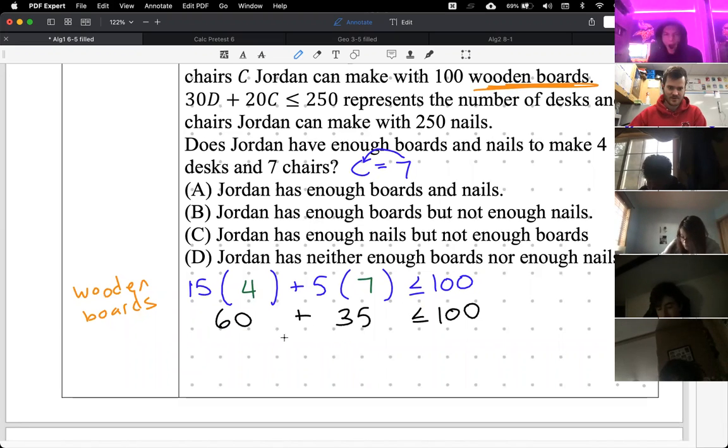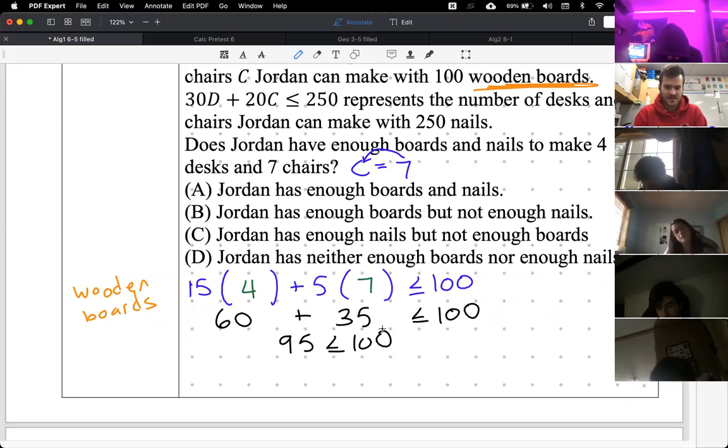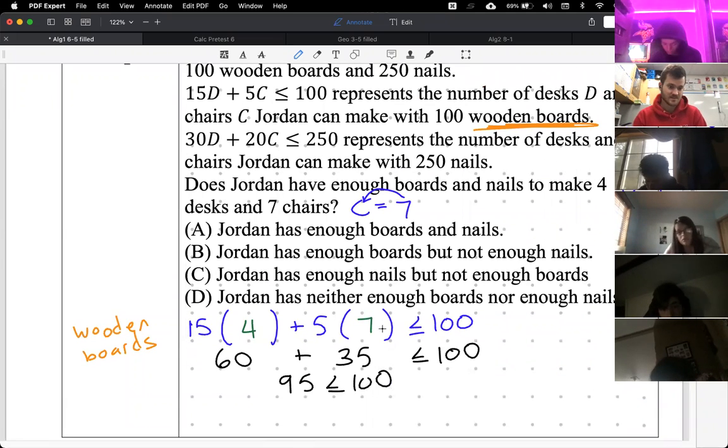I realize I'm kind of doing the math for you guys. 60 plus 35 is 95. It's less than or equal to 100. Here's the important part that I want help with. What does 95 is less than or equal to 100 mean in the context of this problem? Does it mean I have enough? I don't have enough? Of what?